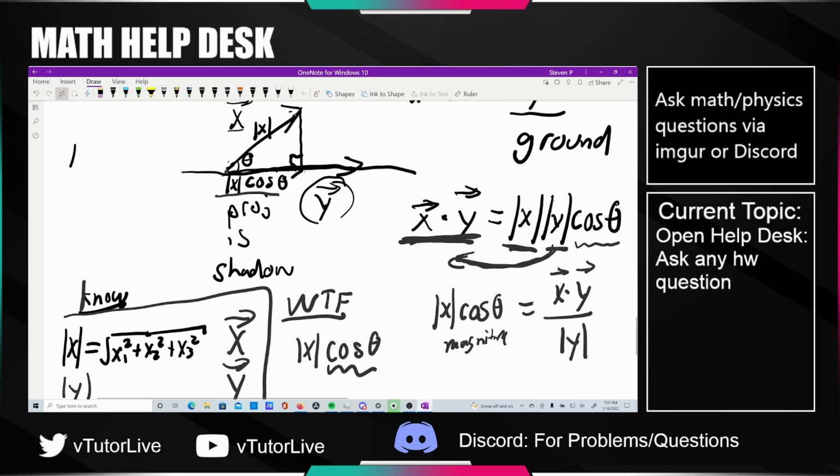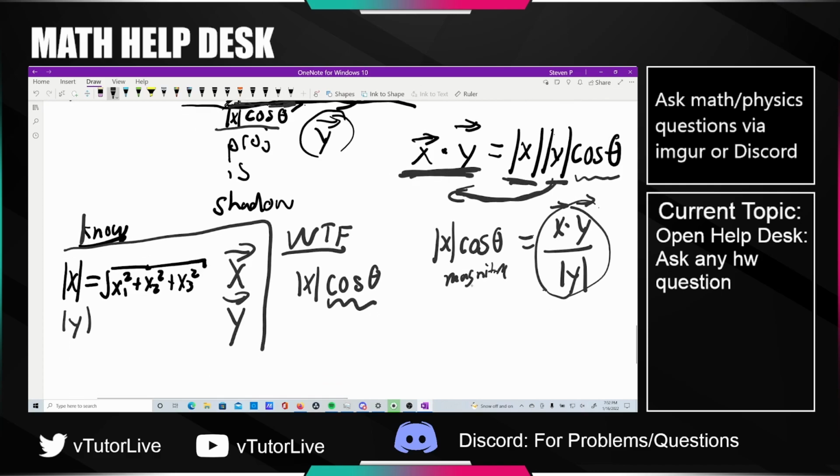So if we already know the magnitude of this thing, and we know that it's parallel to y, let's just grab the unit vector information of y and multiply it by this. So this becomes our scalar, the magnitude, and the direction is just y, the vector, divided by its own magnitude.